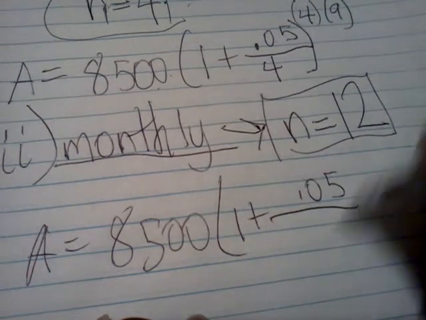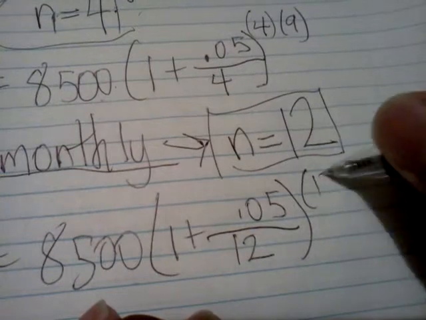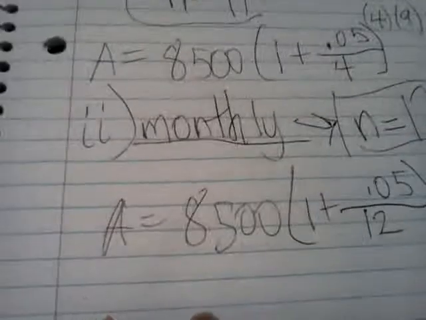It's the same interest, same years, but in this case we just switch our 4 for 12. And that's it. You just find the answer to this one. Now finally, this is our last part. What if it was continuously, which is 3?